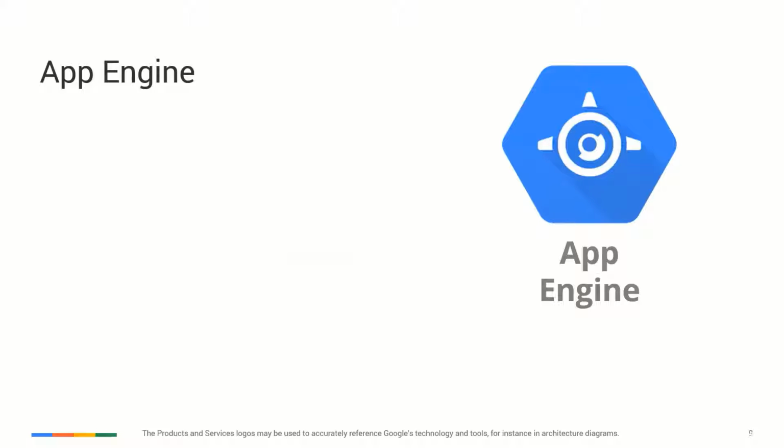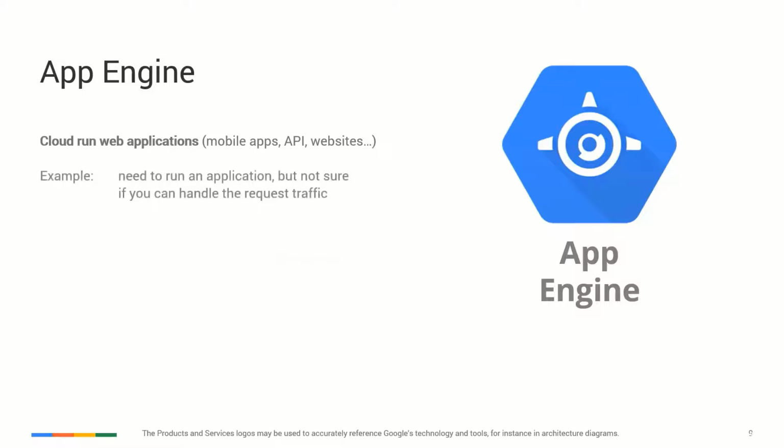App Engine does basically what I described in the first example where I gave you intuition. So for example, you need to run a web application, mobile app, API, or website, and you want to do it on the cloud because imagine you cannot expect the traffic that's going to come. It's going to be suddenly big, suddenly small. There are waves of traffic activity during the day or in the long term.